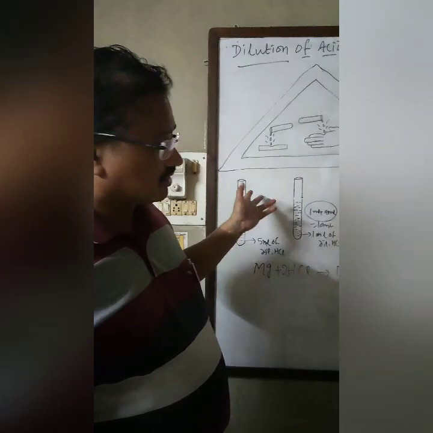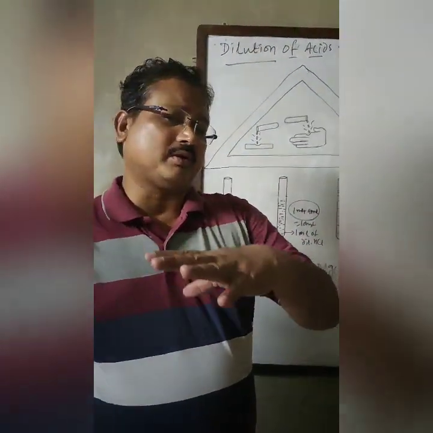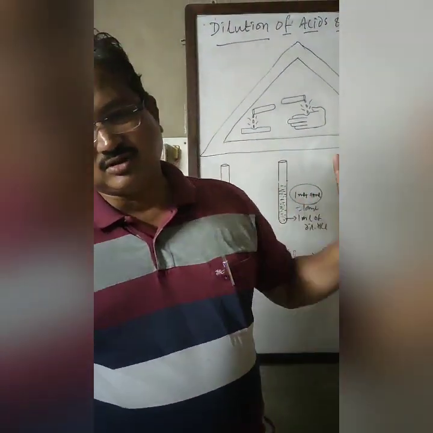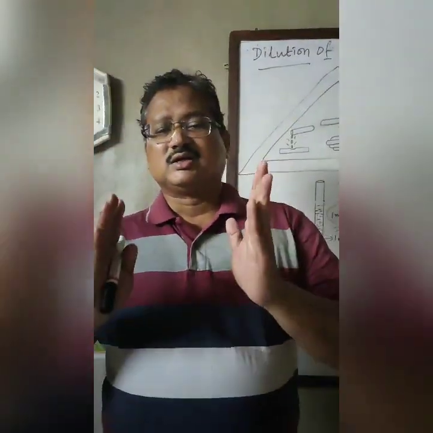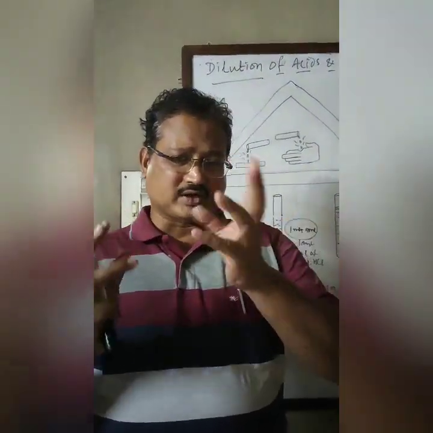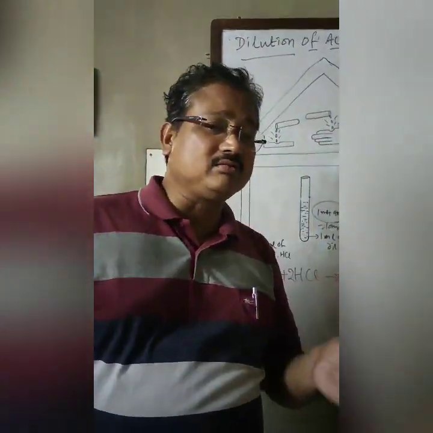Now in the previous video also I talked about the strength of the acid, and in this video the concentration of the acid. So do not get confused between strength and concentration.